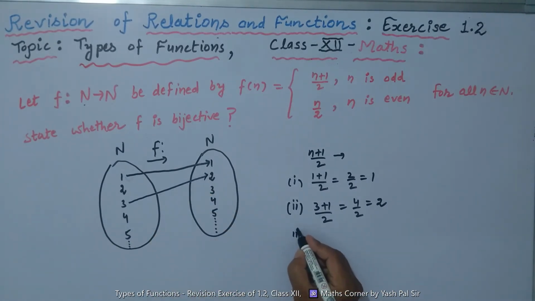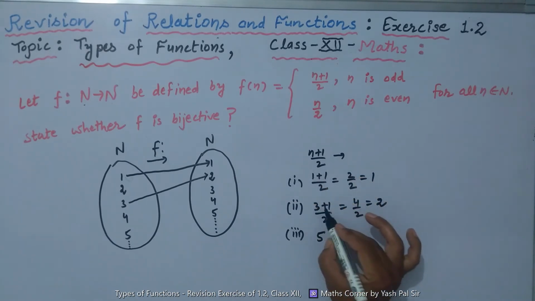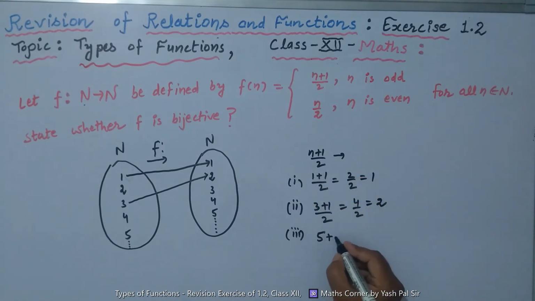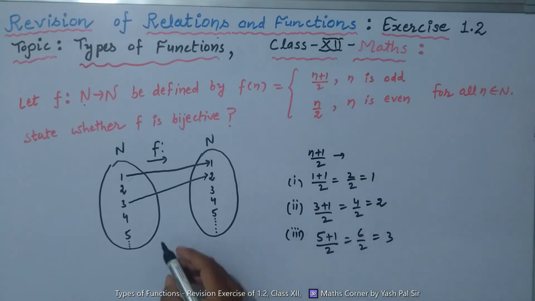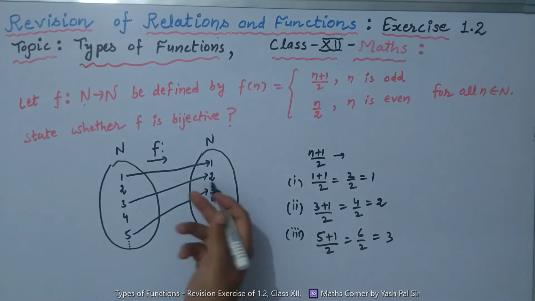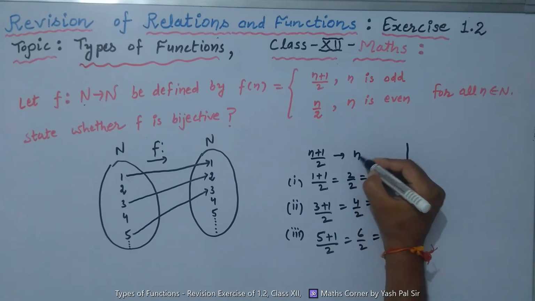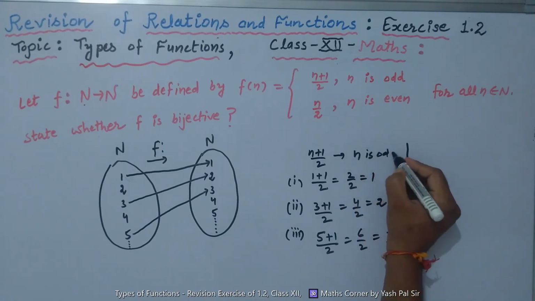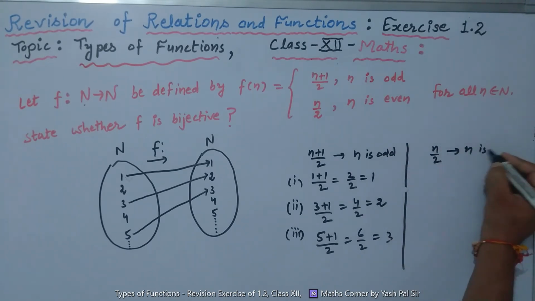The third time we take the third odd number, which is 5. 5 is the next odd number after 3. 5 plus 1 upon 2 is 6 upon 2, which is equal to 3. So the image of 5 is 3. This way we have the mapping. Likewise, f of n is n by 2 when n is even.